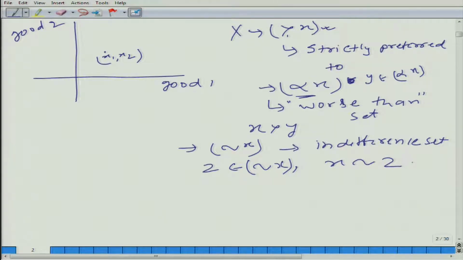Although not very relevant, we can also do one more thing: combine these sets. This is set number 1, this is set number 2, and this is set number 3. If we combine the elements of sets 1 and 3, what would we get? When we combine the elements of two different sets, we get another set, the union of the earlier two sets. What would be the property of that set?